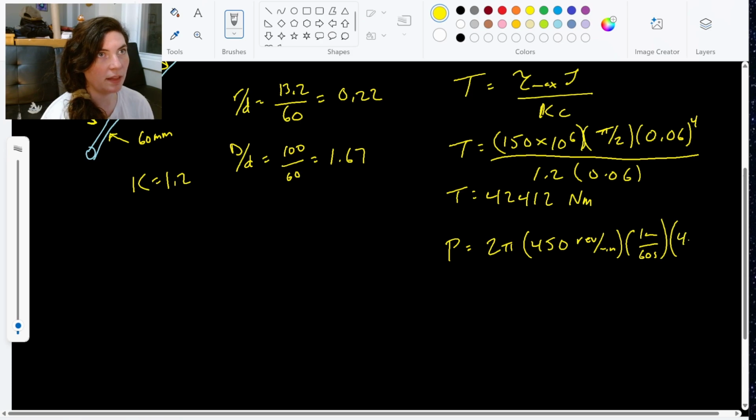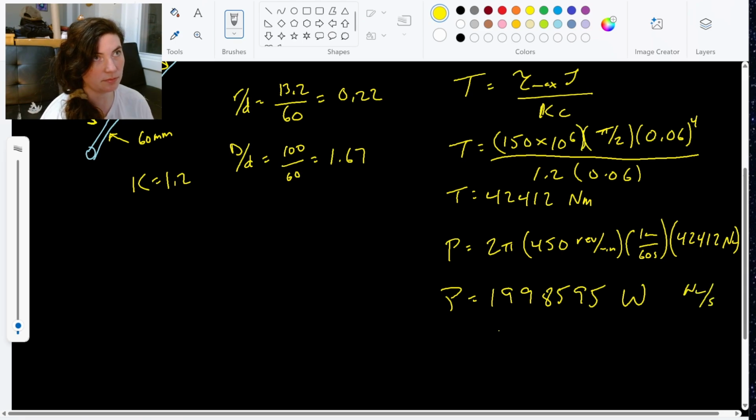And then multiply by that torque value. The reason I wanted to convert this into seconds is because a Newton meter per second is a watt, the SI unit of power. So when I punch this into my calculator, oh boy, it's a big number, 1,998,595 watts, or Newton meters per second.